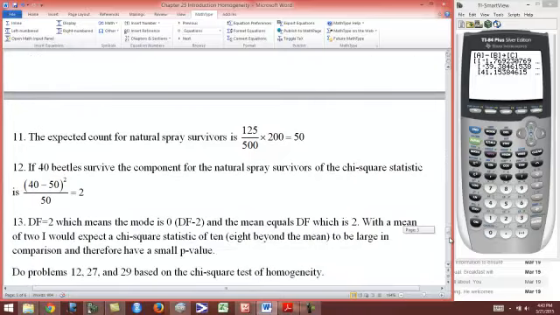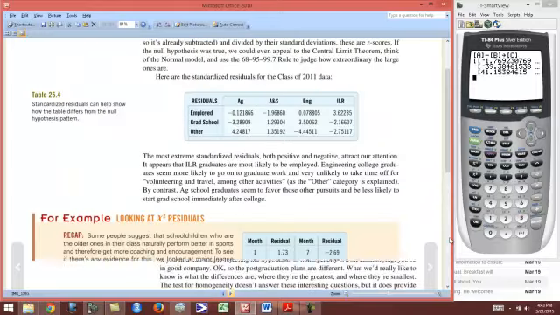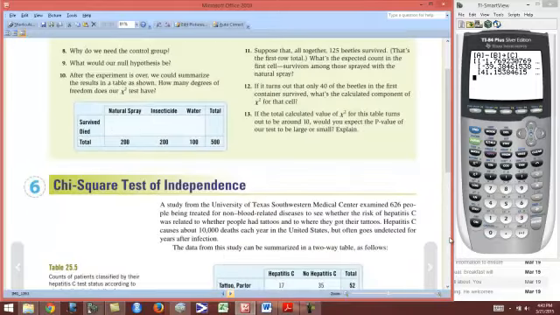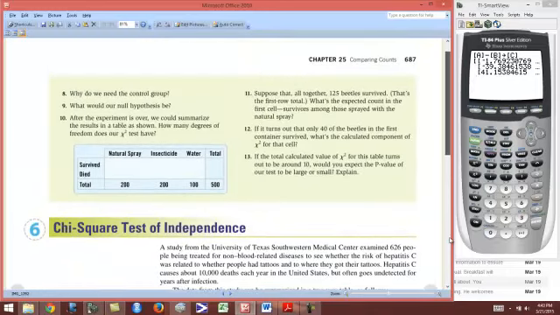Okay, the expected count for natural spray survivors is the total number of survivors divided by the total number of beetles, times the number of natural spray insects. 125 over 500 here. Let me look at that again. I don't think I'm saying this right. Okay. Yeah, here we go. So there's a total of 200 natural sprays. 125 out of 500 survive.